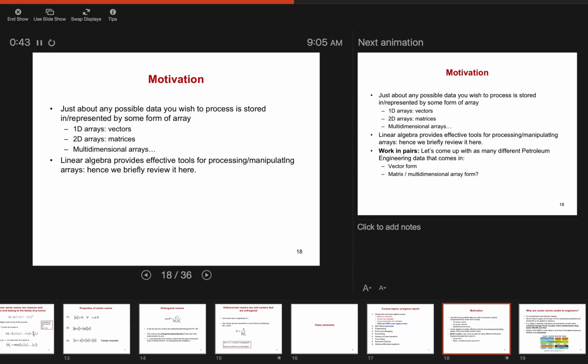Could you come up with certain properties that are stored as vectors and matrices in petroleum engineering or any engineering, or any application? So what do we do when we do petroleum engineering operation?